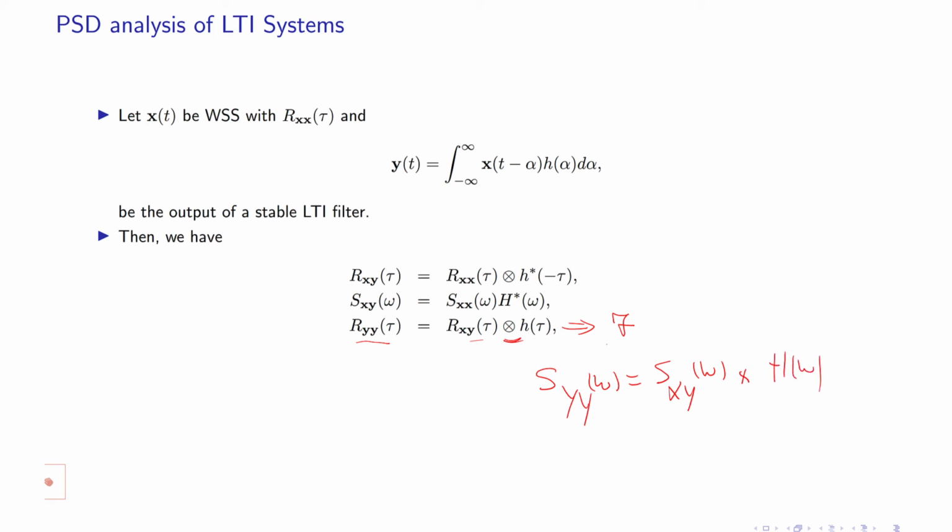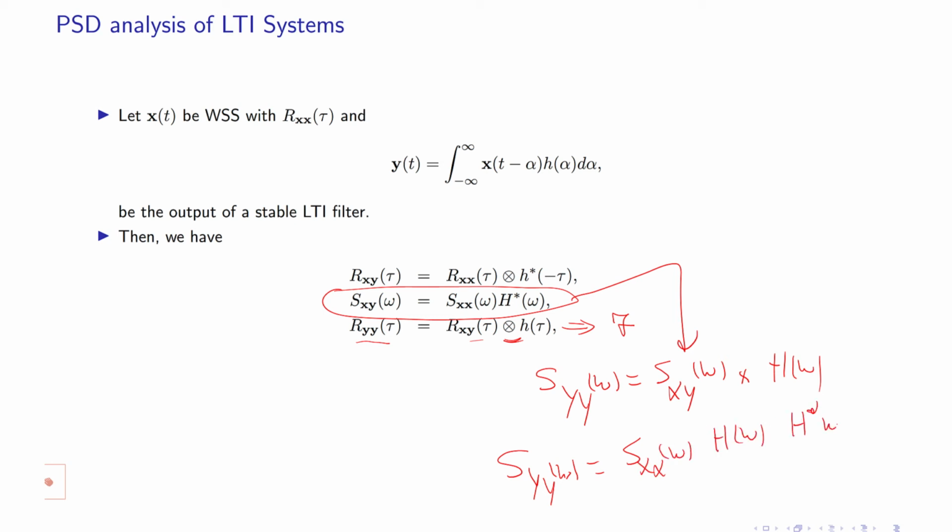Now, you can use the first equation and put it in here, and you get another equation: Syy of omega equals Sxx of omega times h of omega and h conjugate of omega. Obviously, this is the magnitude of h of omega to the power of 2. So this is equal to Sxx of omega times the magnitude of h of omega to the power of 2.